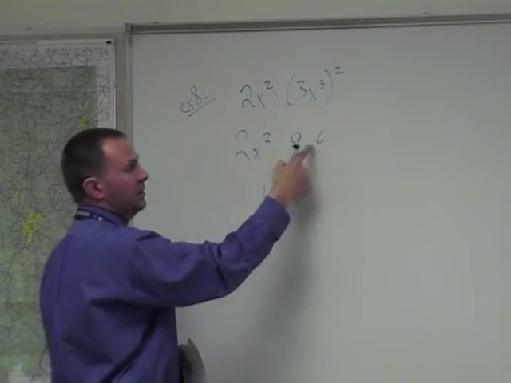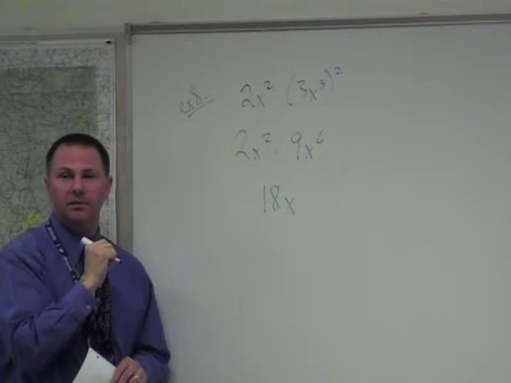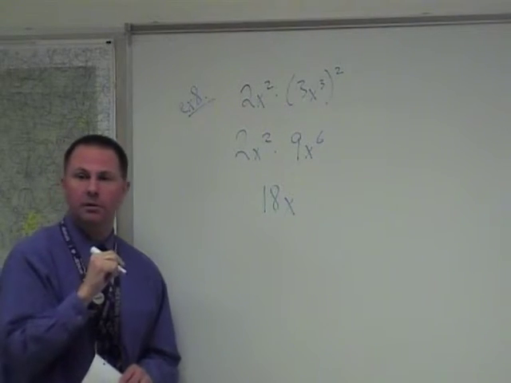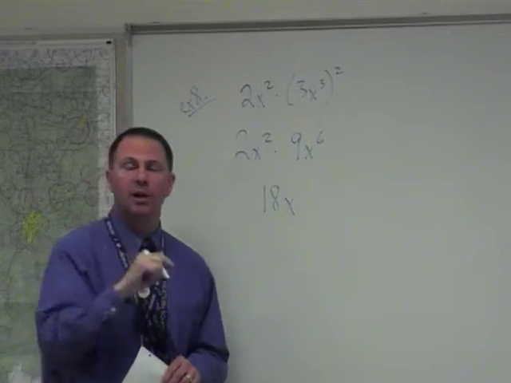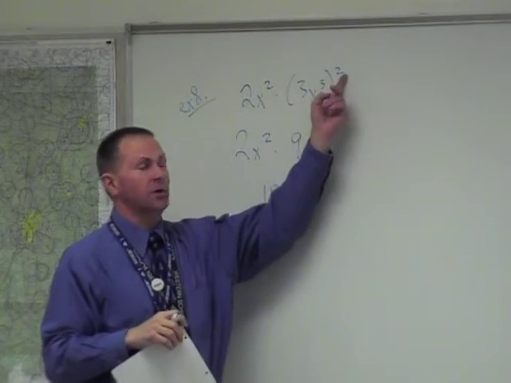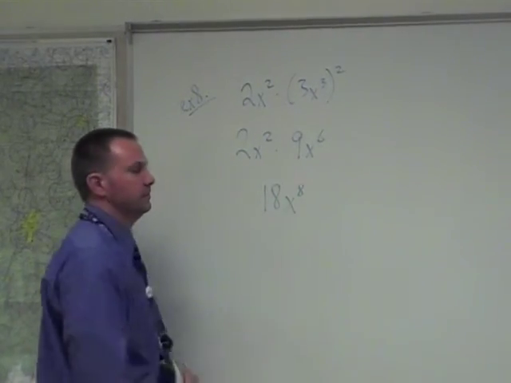Am I raising that exponent to that exponent, or am I just multiplying the bases together? The first examples we were doing, when you multiply like bases, you add the exponents. When you raise an exponent to an exponent, you multiply them. Yeah, we add. So this is 8.